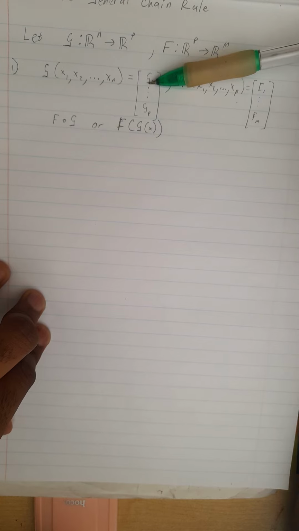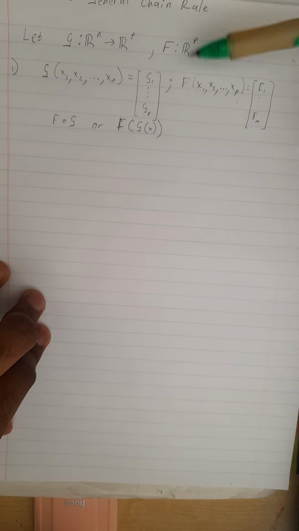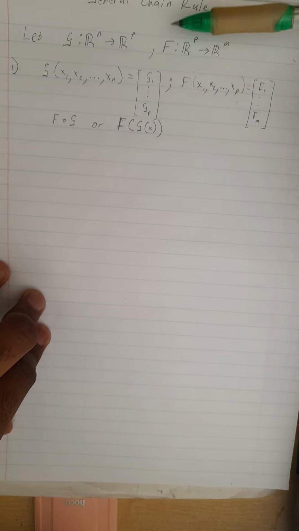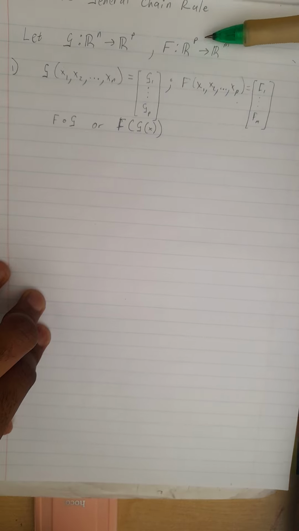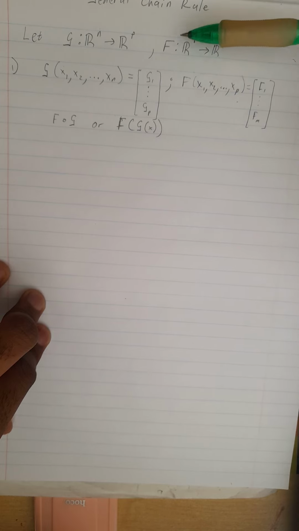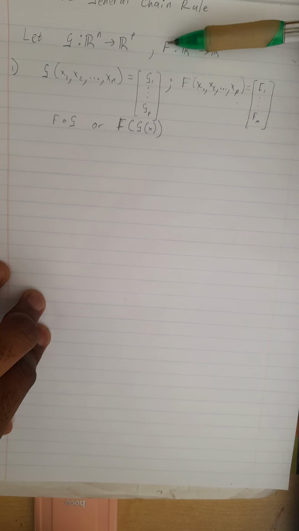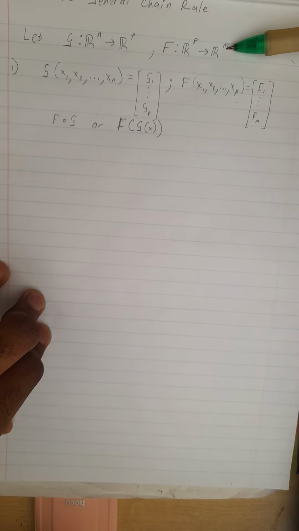And what I mean by that is it's going to change from mapping from Pn to Pm. Sorry about that. F is going to change its mapping from Rp to Rm, simply because now we're taking the composition.